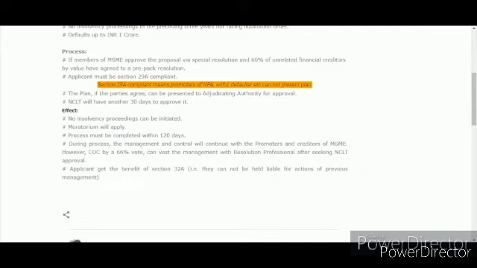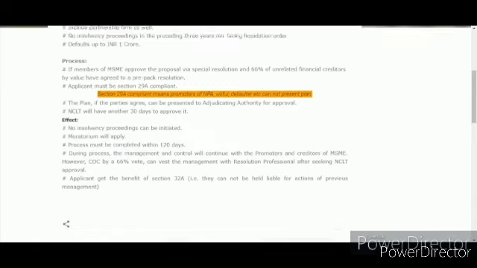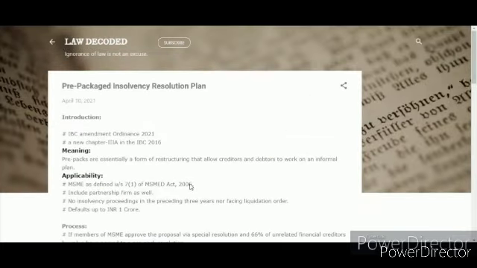It might be possible the previous management of the company has done some fraud or some illegal activities. In that case, the repercussions will not fall on the new resolution applicant who submitted the plan. So this is the whole process, or the mechanism, of how this will work.